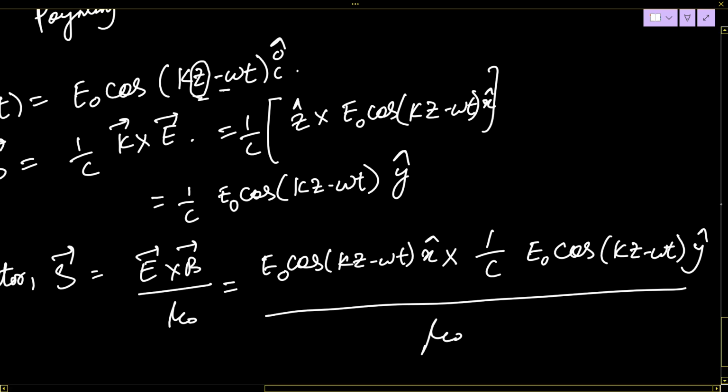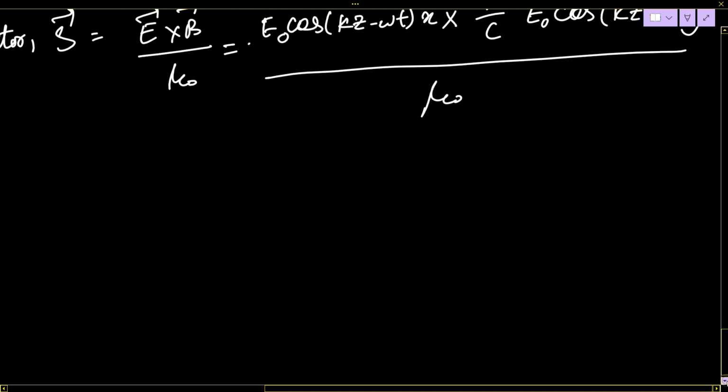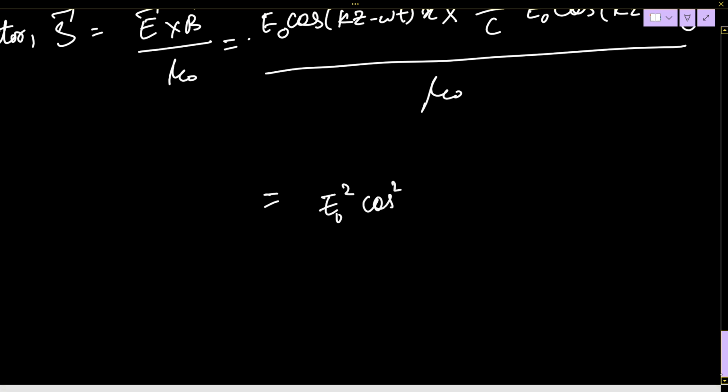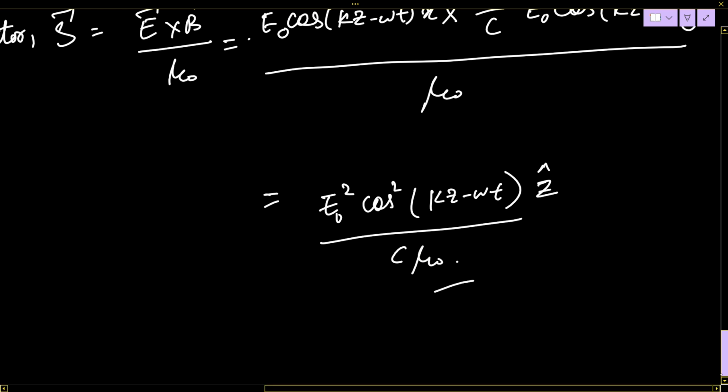So if we simply multiply them, that will be E naught square cos square kz minus omega t, x cap cross y cap is z cap, by c mu naught. This is your Poynting vector, right? This is the Poynting vector. Okay.